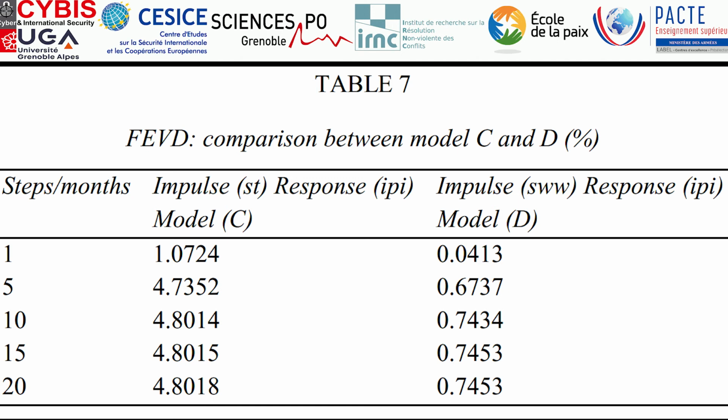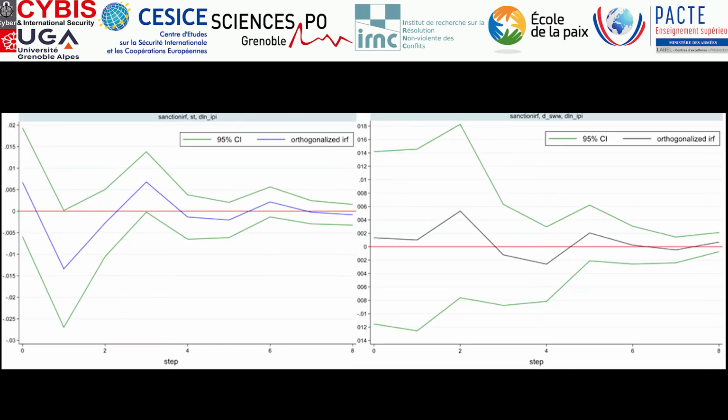Results regarding the FEVD, which is, by the way, I didn't say earlier, sorry, the forecast error variance decomposition, are similar to models A and B. Regarding the IRF, the impulse response functions, results are more or less the same. That is that we are able to slightly reduce the scope of the confidence interval.